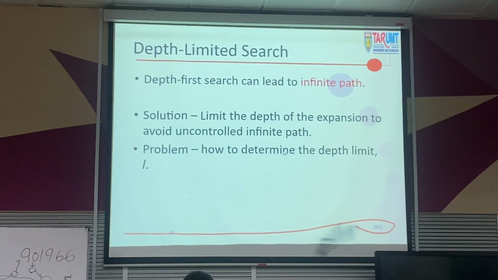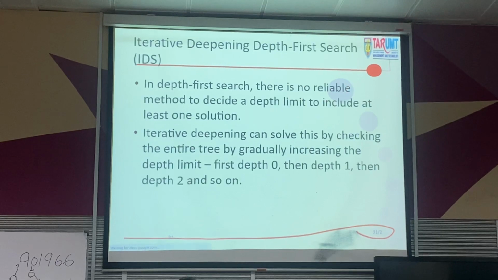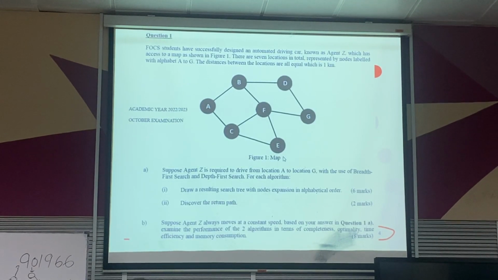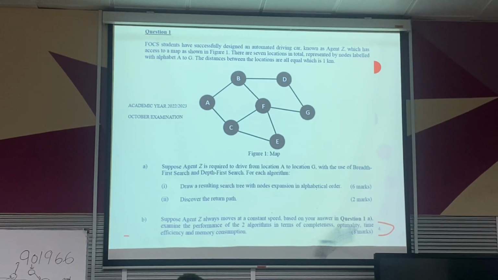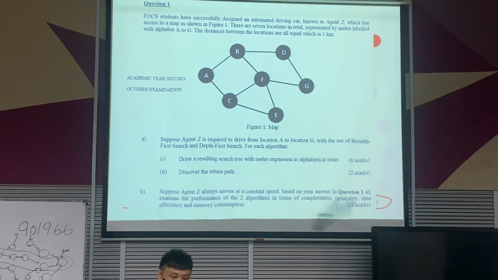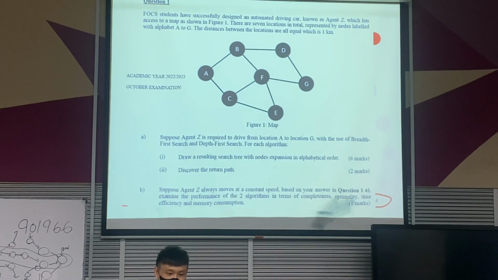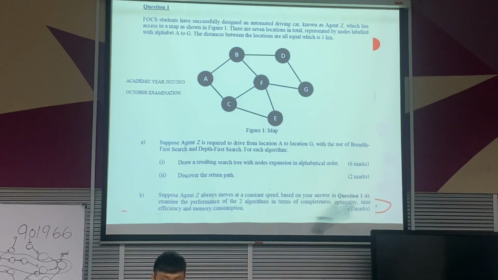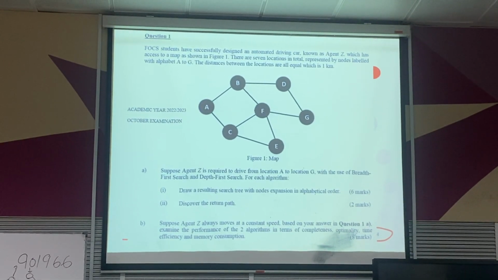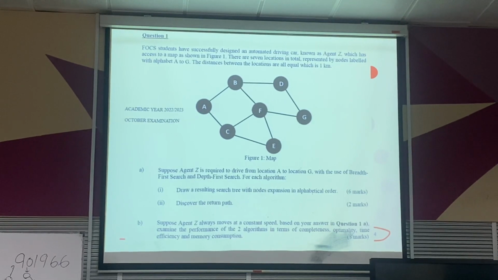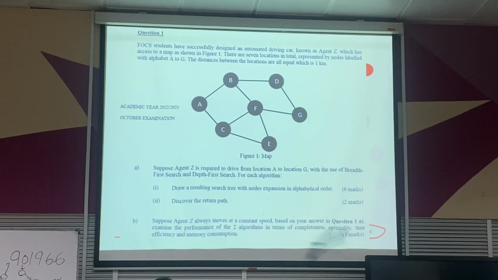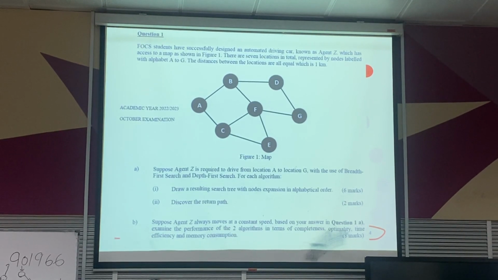Any questions so far? If no questions, then I have a question for you. Can you try this question? It's one of the past questions from October 2022. You have 7 nodes here. Design an automated driving car. You would like to start from A. Your destination is G. Assume that all distances are equal, but in this case, we don't care about the distance because this is blind search.